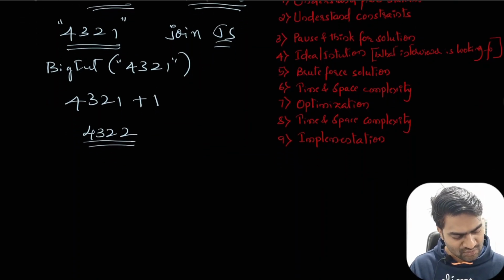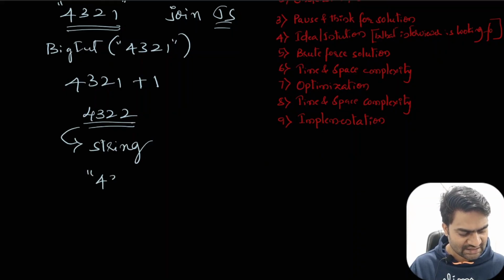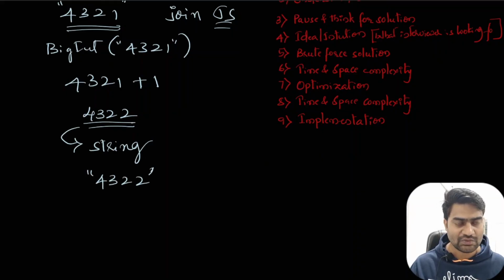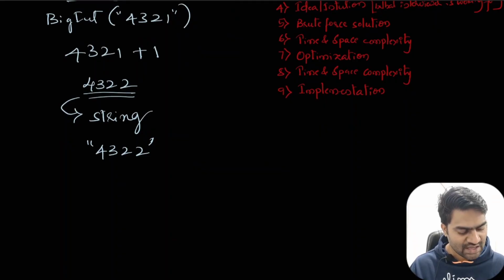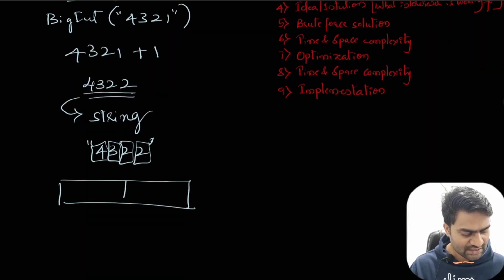Now I will convert it back to string, so I will get something like 4322. Then I will iterate over each digit and add the value into the array.